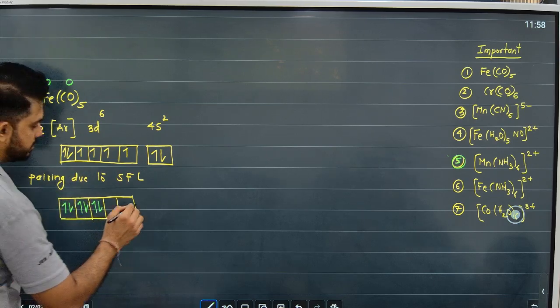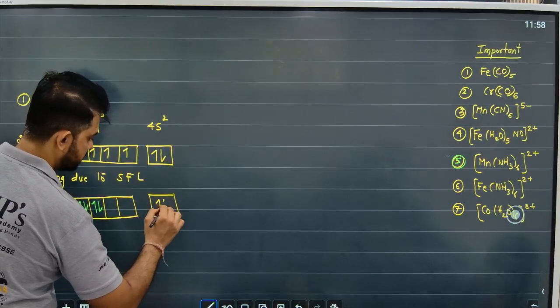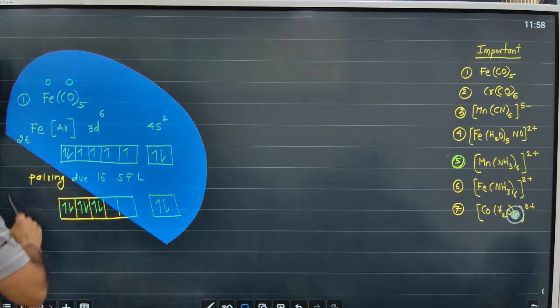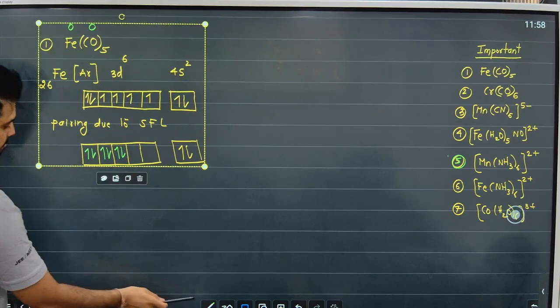आगे हम क्या करेंगे अभी? There are electrons present in 4s. क्या लिखा था?